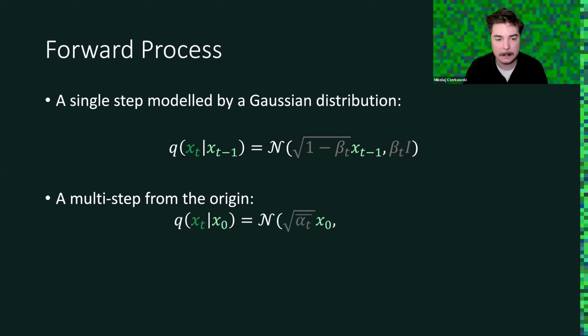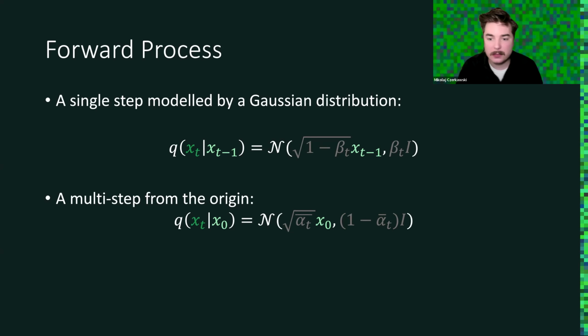And again, the derivations are available in the papers and also in the notes that are part of this course. But the equation remains quite similar. So it's a scaling of the original x0 as opposed to xt minus 1, and some pure noise with zero mean added to that sample. Okay, so that's the forward process.